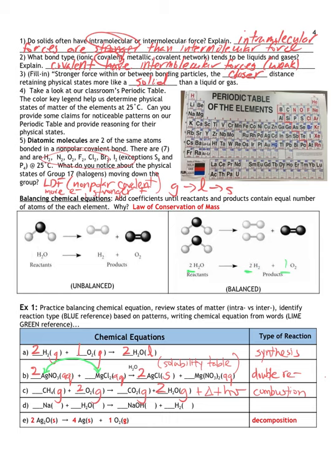In letter D, let's go ahead and assign the states of matter of each of the substances. The first substance is an element, so we look in the periodic table of elements, and we see that sodium, the element, is black, and that means it's a solid. So I'm going to designate sodium, which is bonded metallically, as a solid. Water, bonded covalently. We know the state of matter of water.